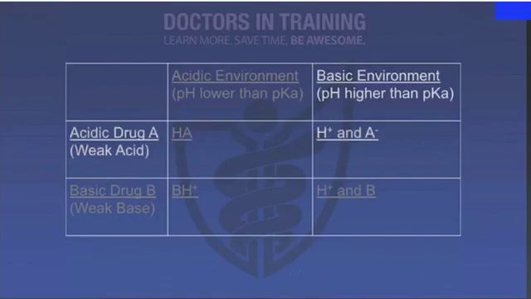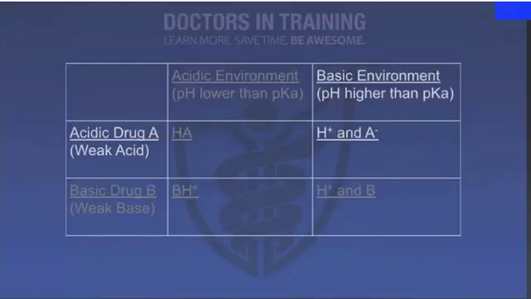And again, for acidic drugs, the non-protonated form is A-, and for a basic drug, the non-protonated form of the drug is B. And then also you have the protons, the H+ out there as well. So in the alkaline urine, if you have an acidic drug, you have the proton H+ and the drug A-. And if you have a basic drug in an alkaline urine, you have the proton H+ and the uncharged base B.